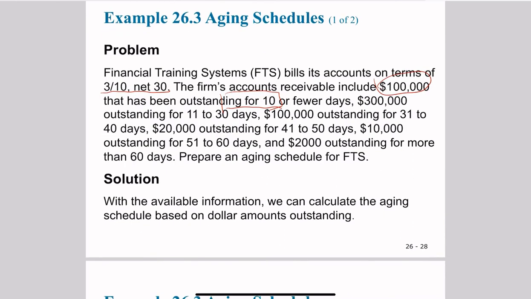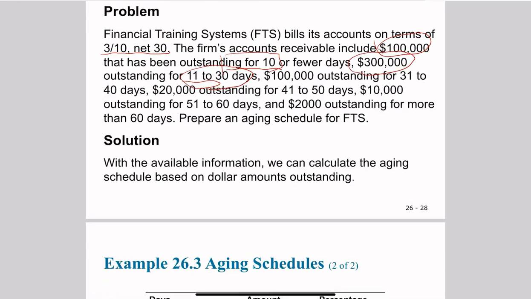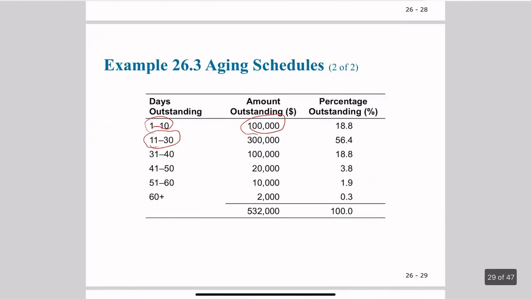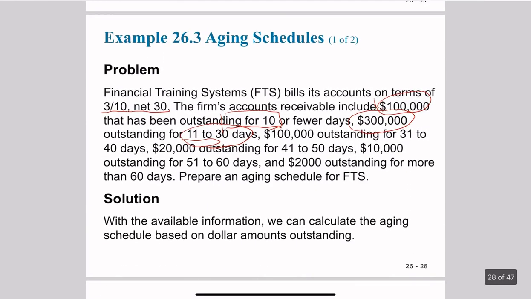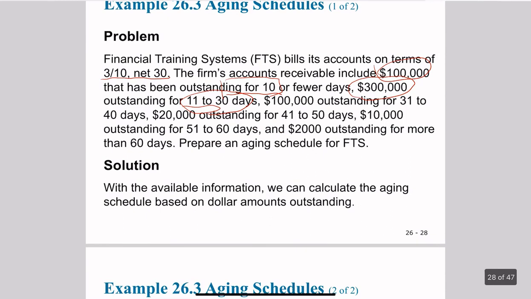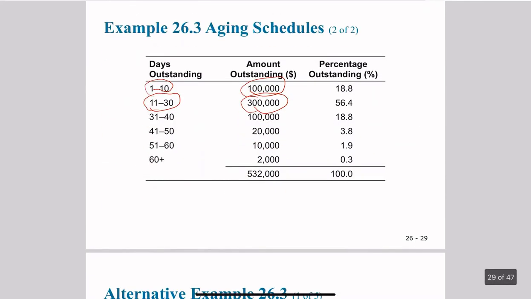And then for 11 to 30 days, we have $300,000. And then for 31 to 40 days, we have $100,000. We have this number here. And then we will basically do the same for the other days outstanding. We will have these two columns.